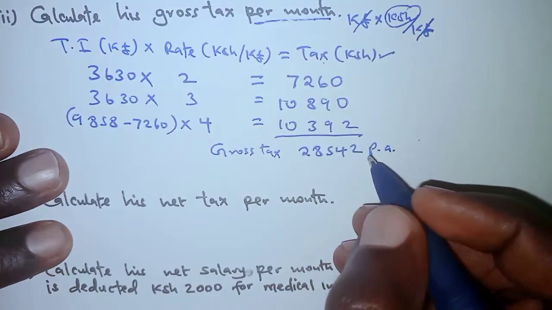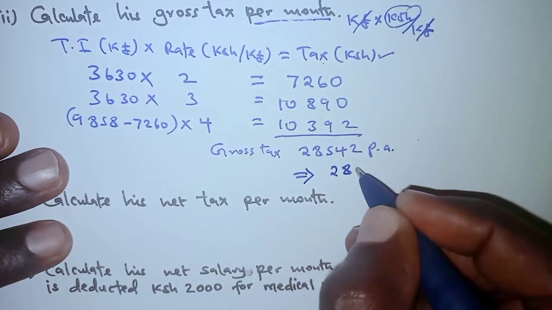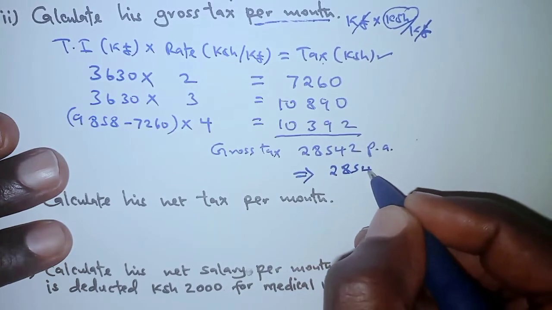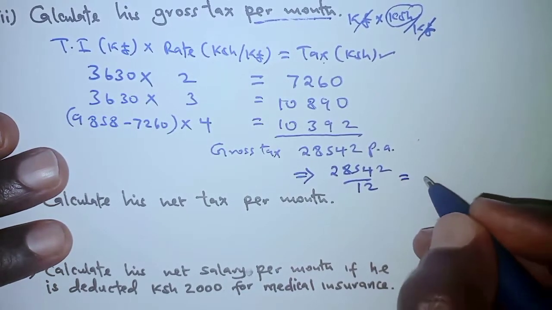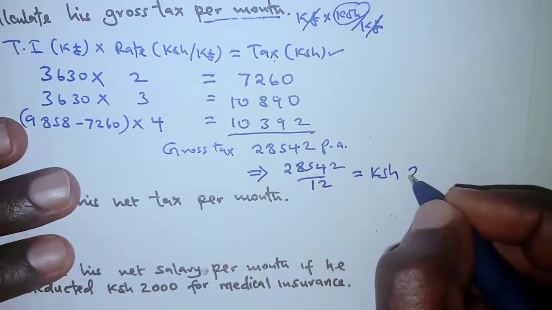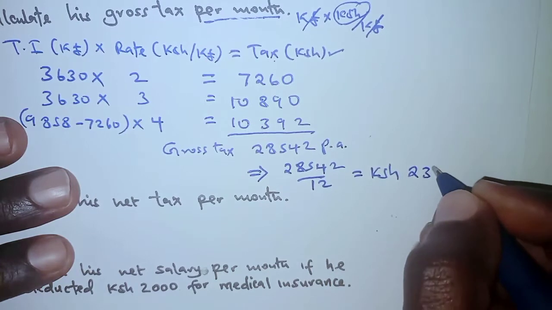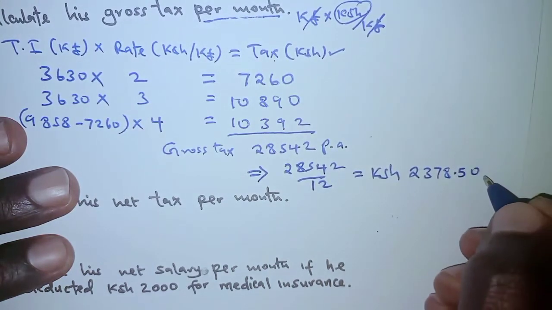So in order to work that out, we will simply divide by 12 months, and that is 2,378 shillings and 50 cents.